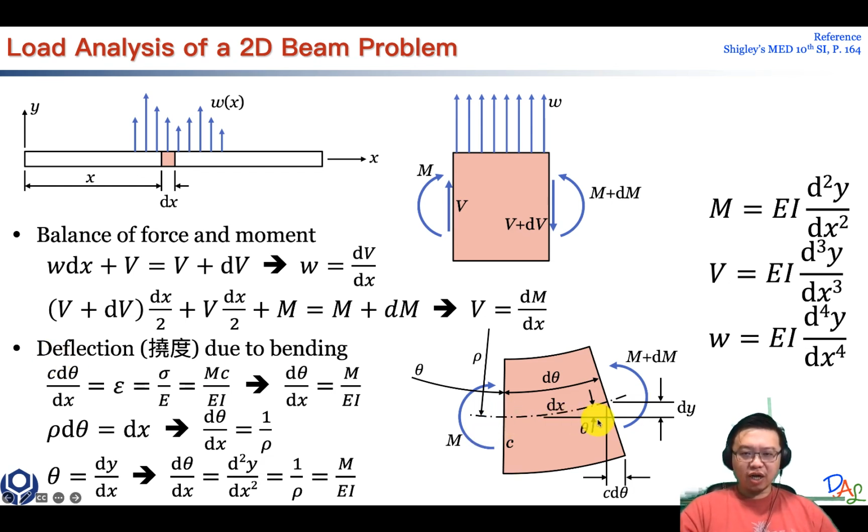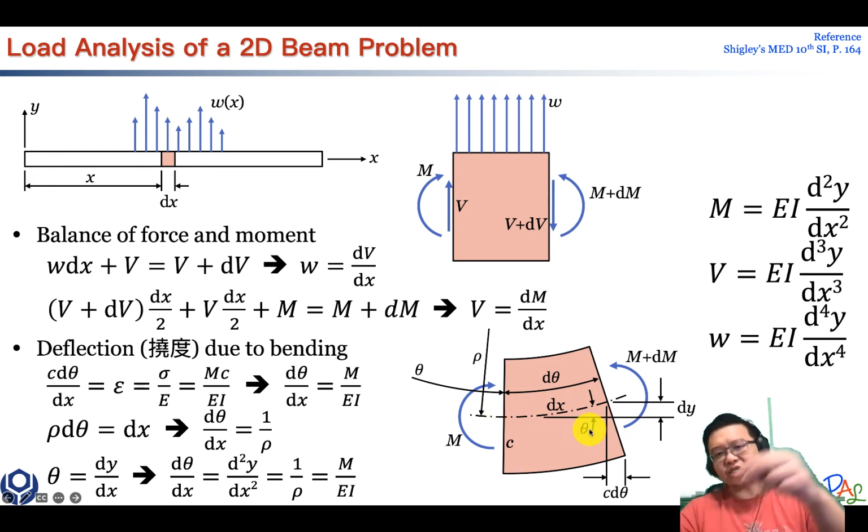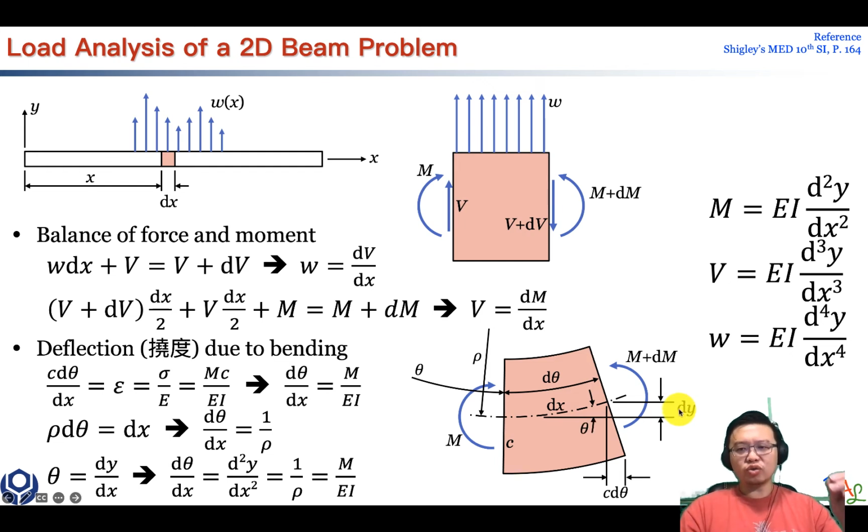And the horizontal line is the same as dx. Since this triangle is very thin, theta is very close to tangent theta, and tangent theta equals dy over dx. This is how you get theta equals dy over dx.